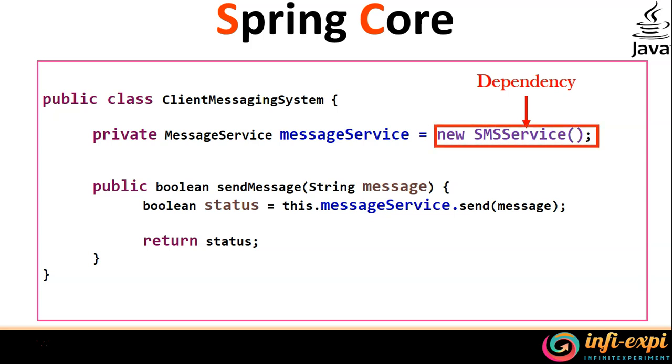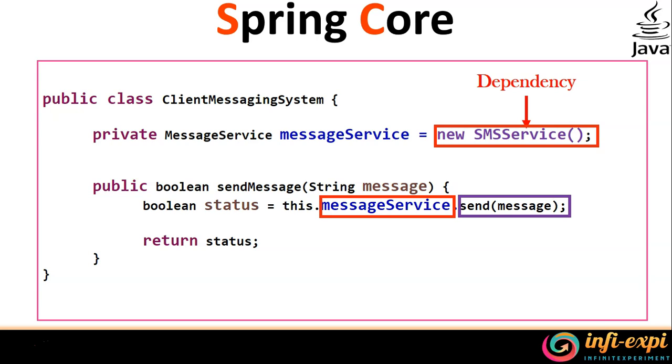And if you look at that, this particular instance variable of that message service is going to be used to invoke the send method. The send method is defined inside the SMS service class because the SMS service class is implementing the message service. So you will find the business logic of the send method. Typically it has all the essential code in order to convey your message to the other end.